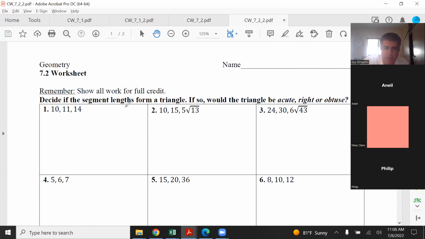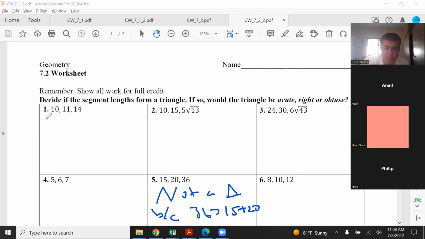So first you have to compare the longest side to the sum of the other two. Like for example, I'll tell you right now, number 5 is not a triangle. Because 36 is more than 15 plus 20. So you don't have to waste your time with that one.